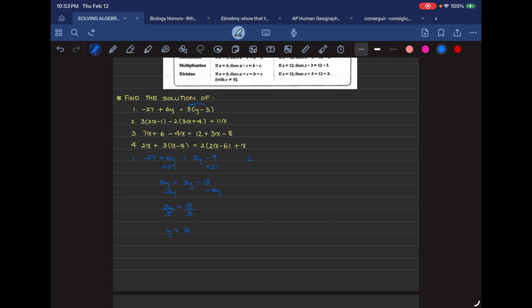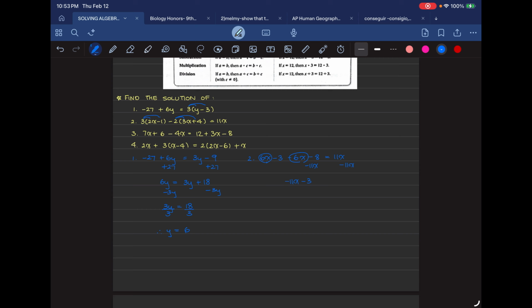And moving on to the second problem, we're again going to use the distributive property. So 6x minus 3 minus 6x minus 8 equals 11x. Let's try to subtract 11x on both sides. But first, we have to note that 6x minus 6x is equal to 0.